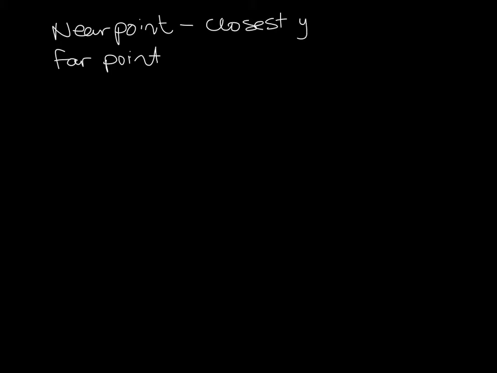Okay, so we need to define a couple points, the near point and the far point. These are defined in your book too. The near point is the closest that you can see comfortably. And the far point is the furthest you can see.